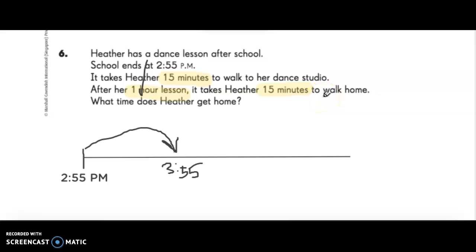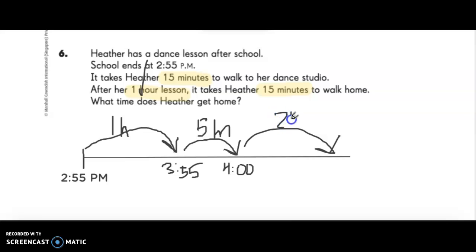Then we need to jump still 30 minutes. So what I would do is jump, I forgot to put 1 hour here. So I would jump those 5 minutes to get to that next hour of 4 o'clock. And then if I jumped 5, but I need to go 30, I will jump that last 25 minutes. Because 25 plus 5 gives us 30, to have an end time of 4:25 p.m.